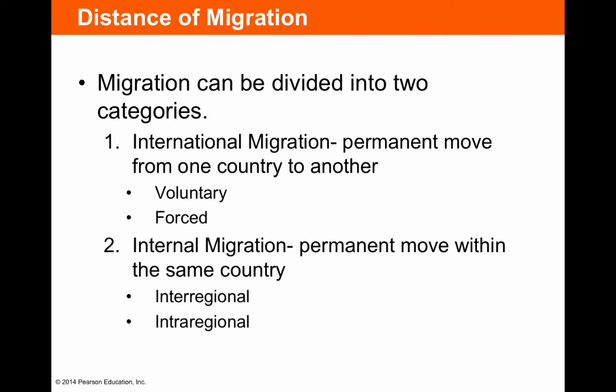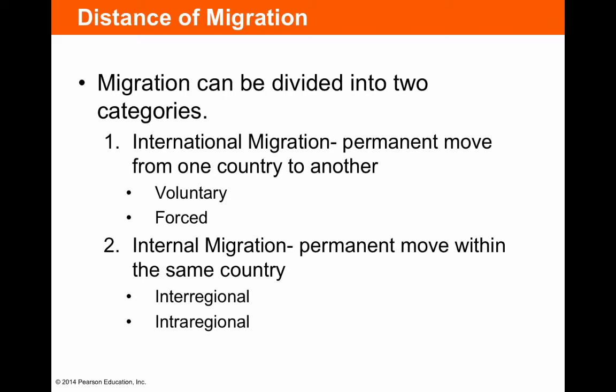Or maybe you want to move to a different part where there are different customs or different restaurants, or it's closer to your job. If people want to move, definitely intra-regional is a much less traumatic move.